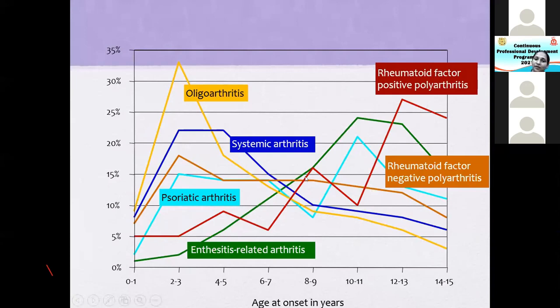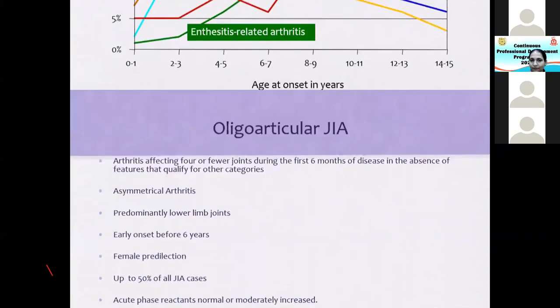You see that systemic arthritis is also common in the early years of life, whereas enthesitis related arthritis is commoner later on, in a more older child. And rheumatoid factor positive polyarthritis is also commoner in the older children's groups.